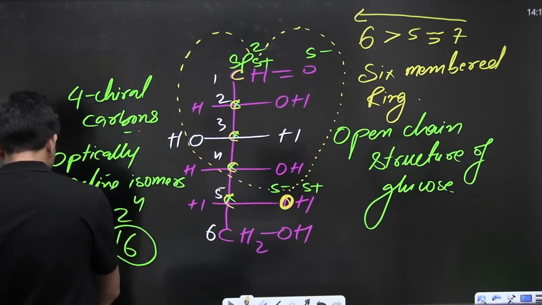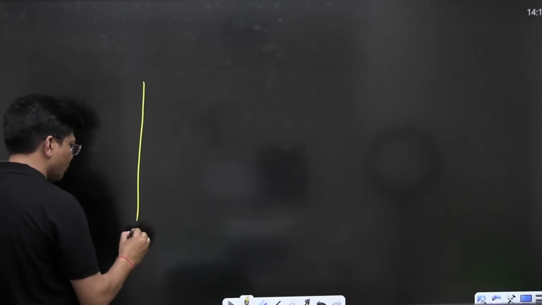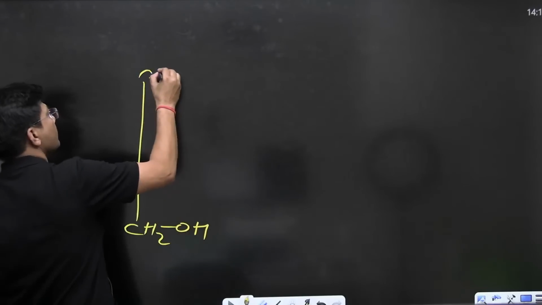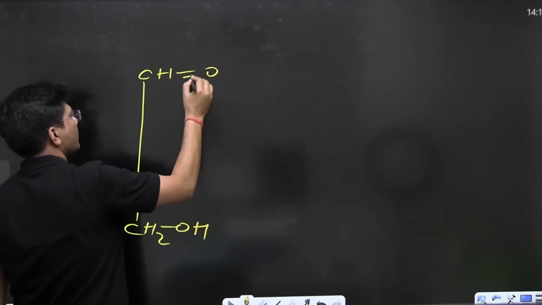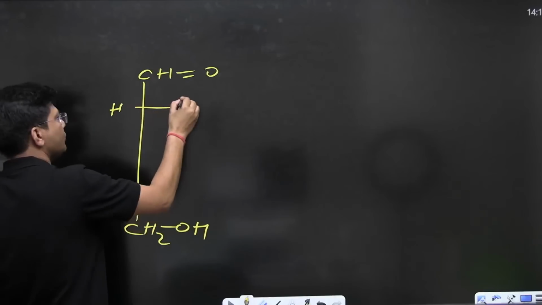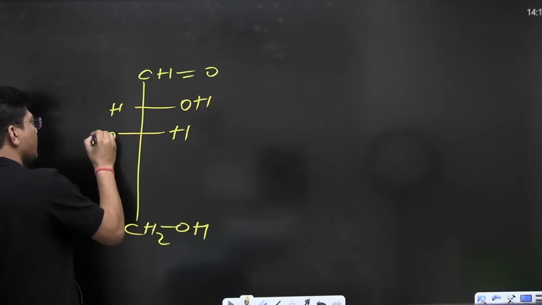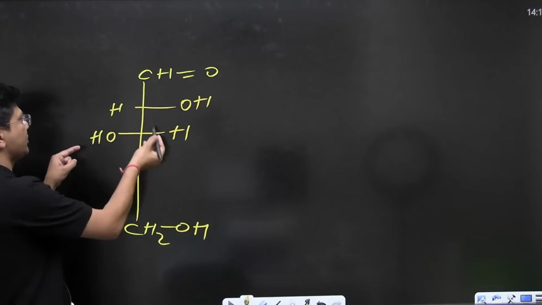My dear students, see, if I draw, this was the open chain structure of glucose. Remember that this 3rd carbon OH is on the left-hand side.